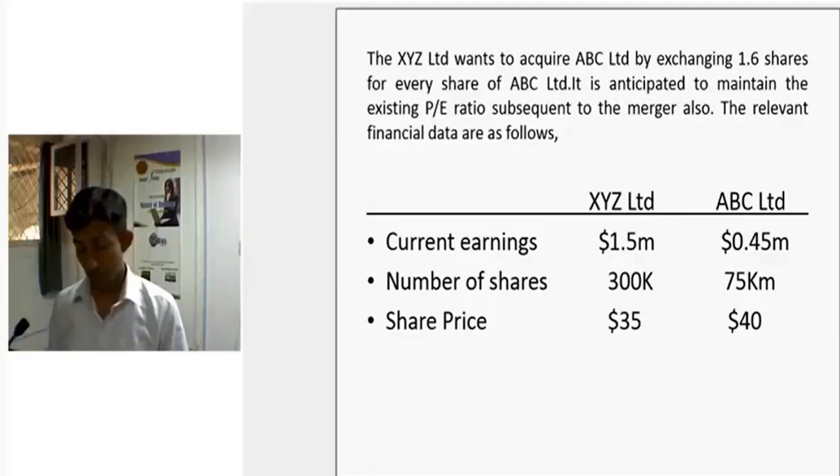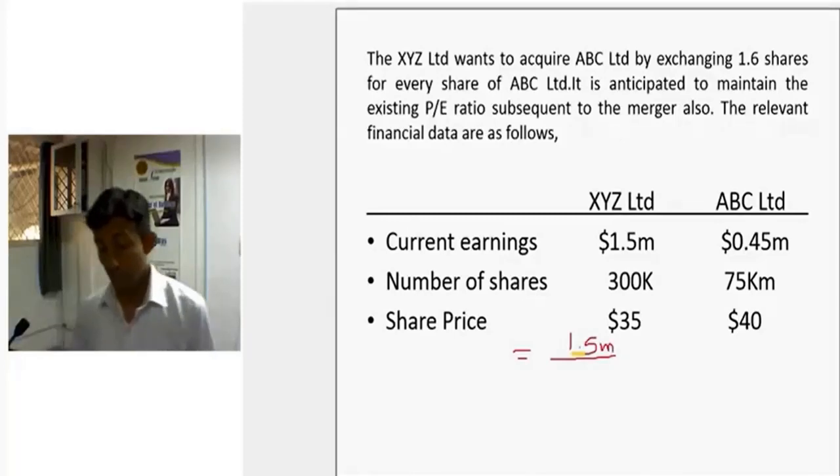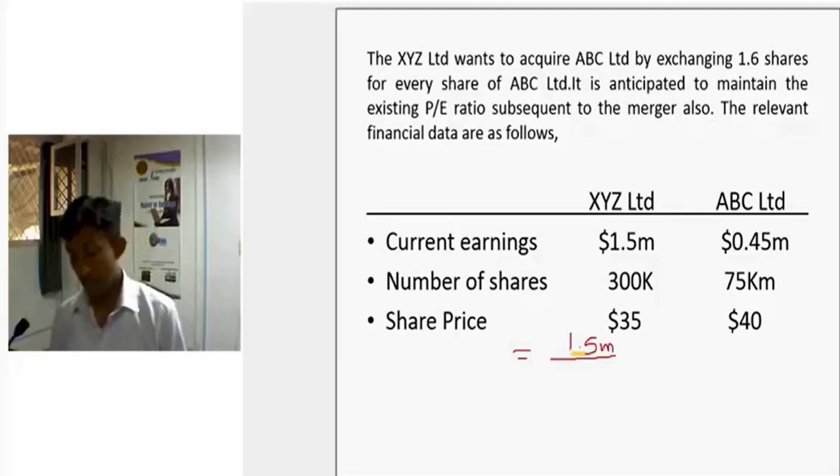Very simply, let's calculate the PE of XYZ, then we'll get a better idea. So how do we calculate the PE of XYZ? We have current earnings. We have total earnings of $1.5 million, and we have number of shares as 300,000.